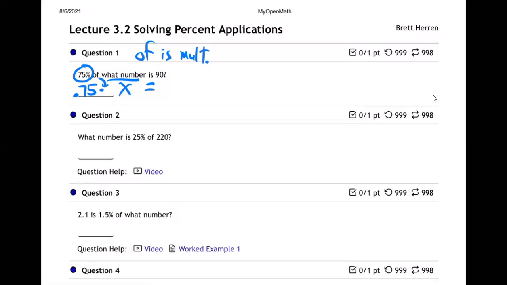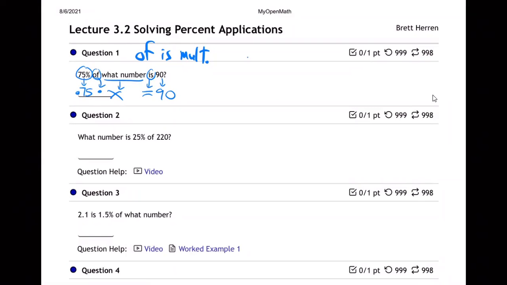In fact, I'm not having enough room. Let me do this a little cleaner. So 75%, again, that's 0.75 of, that's times, what number, that's x, is, that's equals, and then 90. See how I just directly brought down the numbers and the words, and it formed an equation.